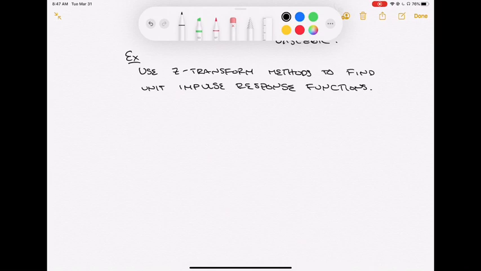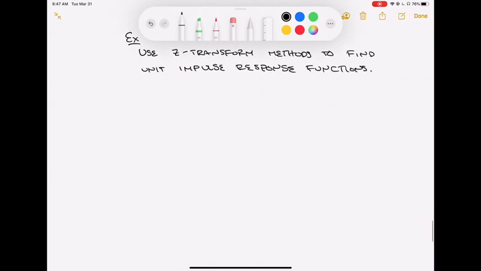I'm going to do two examples. One I'm going to do is just a revisit of the example we'd seen before. We'd seen before y of n plus 1 minus a half y of n being equal to x of n. I could look at this as (e minus a half) y of n being equal to 1 times x of n.